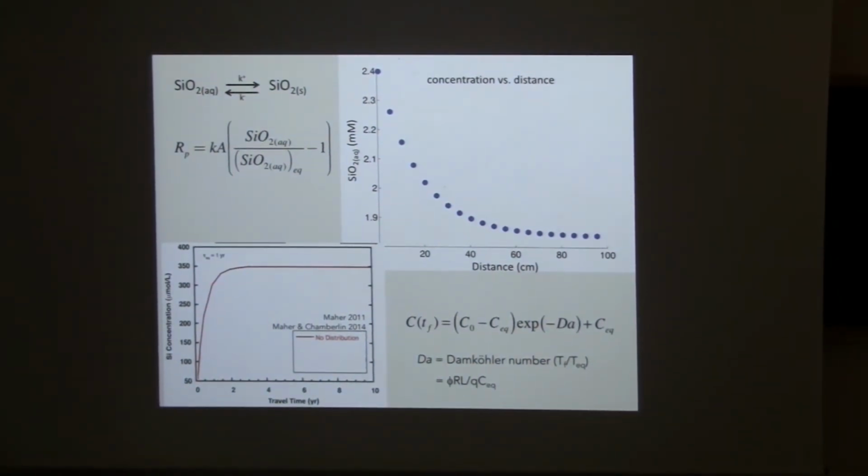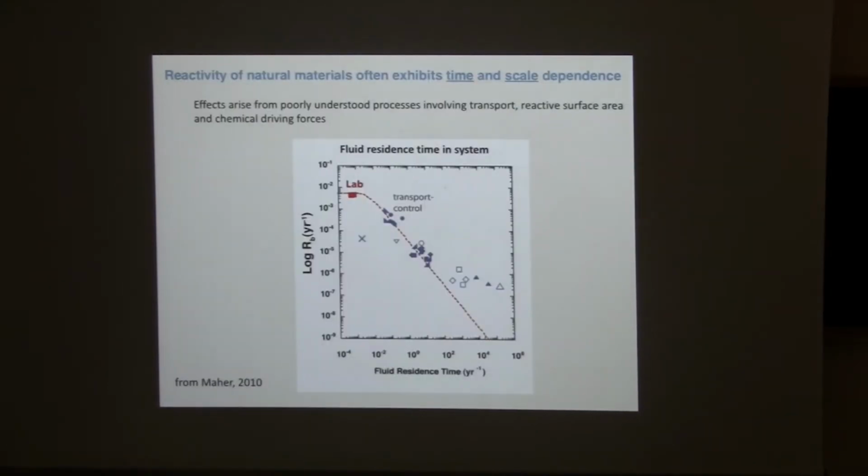And basically it works because remember there's a length scale in the numerator of this Damköhler number, and so if the length scale is 0, then this whole thing goes away and you're at C naught. And if the length scale is infinite, then this whole thing explodes and you're at C eq. Furthermore, we can now say that this tailing effect is likely associated with saturation control.